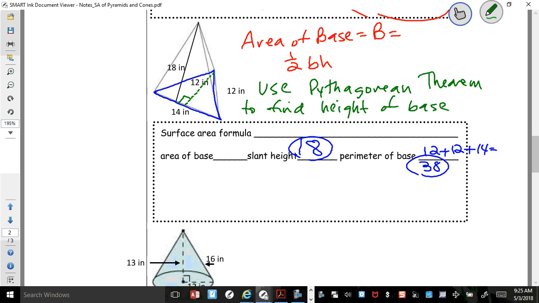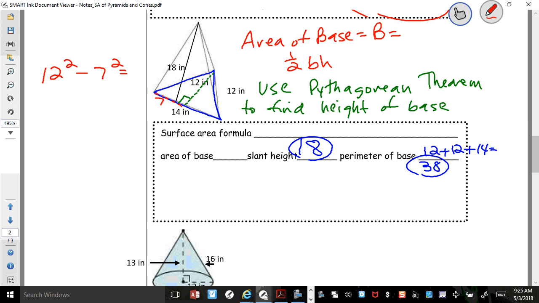All right, so we have to find this height of the base by using the Pythagorean theorem. So what are we missing? We're missing the height, which is one of the what? Legs. So we have this one, which is not 14, it's what? 7. So we have 12 squared minus 7 squared.